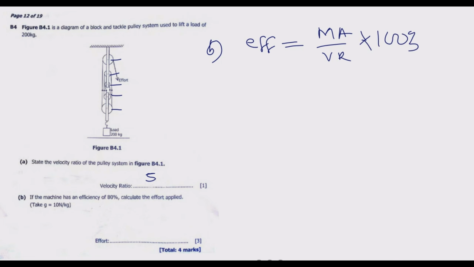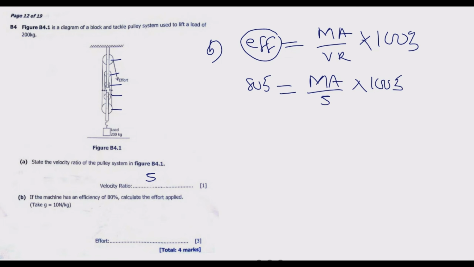We know the velocity ratio to be 5. So 80% is equal to mechanical advantage, which we don't know, over the velocity ratio 5, multiplied by 100%.